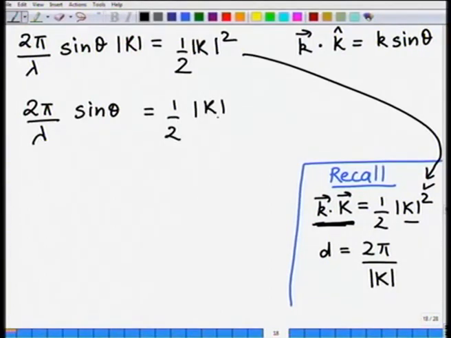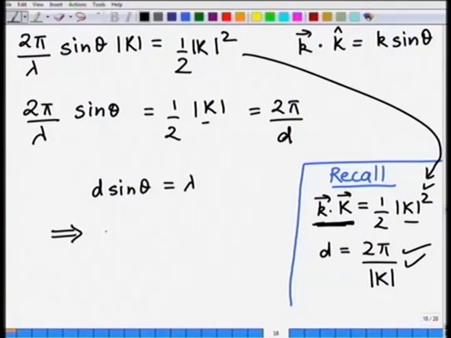What is the K magnitude? That comes from this equation right here, so I can write it as 2 pi by the d spacing. That leads to d sin theta equal to lambda, which of course we write as d sin theta equal to n lambda, n being the order of reflection.